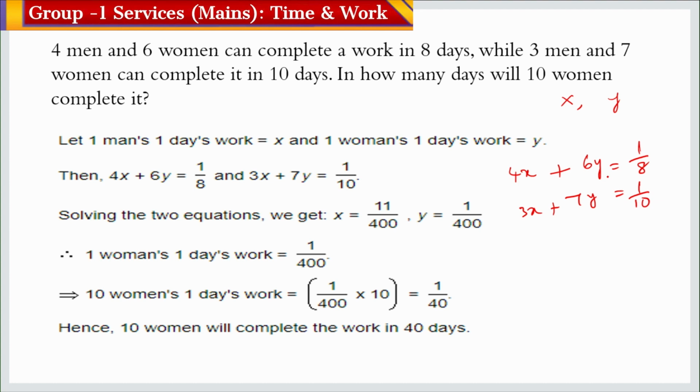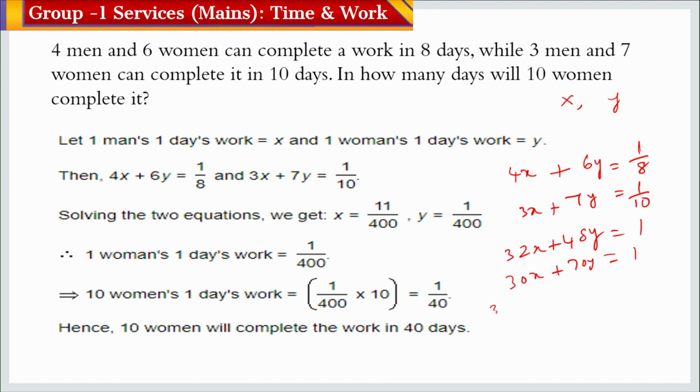4x plus 6y equals 1 by 8. So you have to multiply the whole by 8, which gives 32x plus 48y equals 1, and 30x plus 70y equals 1.